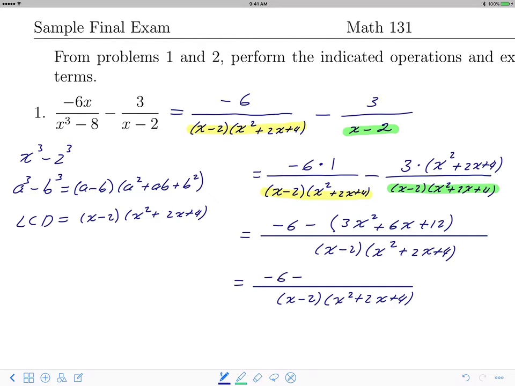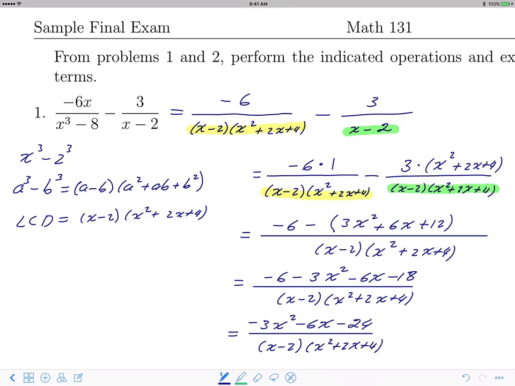The numerator will be negative 6 minus 3x squared minus 6x minus 18. Combining like terms, we get negative 3x squared minus 6x minus 24 over x minus 2 times x squared plus 2x plus 4.